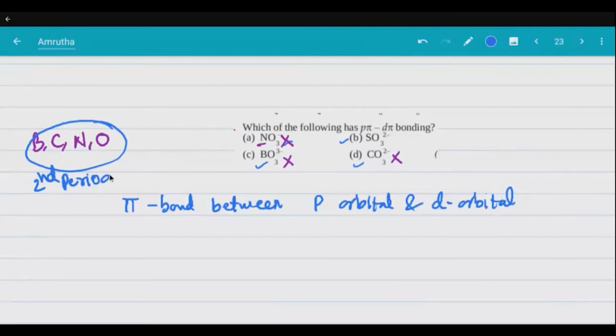In the second period of the periodic table, you will never have d orbitals. But sulfur is a third period element. So the correct answer should be option B. Got it? A very simple way we can eliminate. I hope everybody got the clarity. Next question.